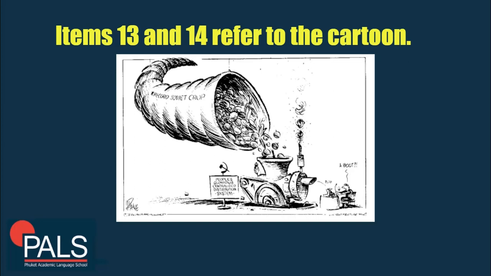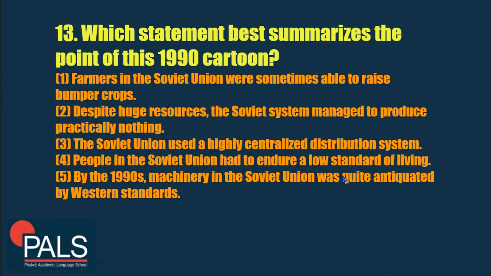Pulp, just a very little drop here. A boot? Now let's take a look at the question. Which statement best summarizes the point of this 1990 cartoon? Always take a look at the date. The date is really important. Now with this, you need to have a background knowledge about what is happening during this time.